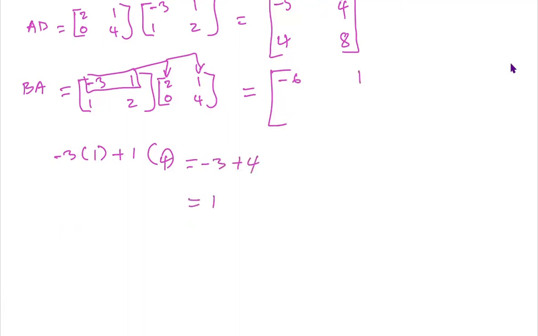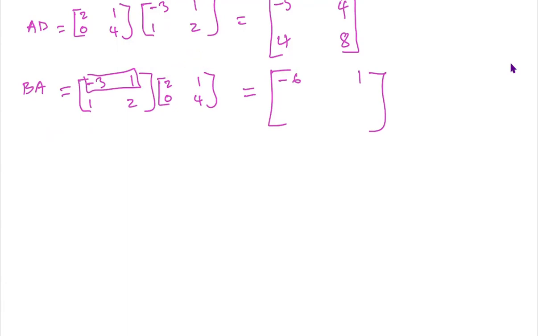That's the first row. Now let's work with the second row. We do the same thing: we multiply it by the first column and then the second column. 1 times 2, that's 2, plus 2 times 0 is 0, so that's 2.